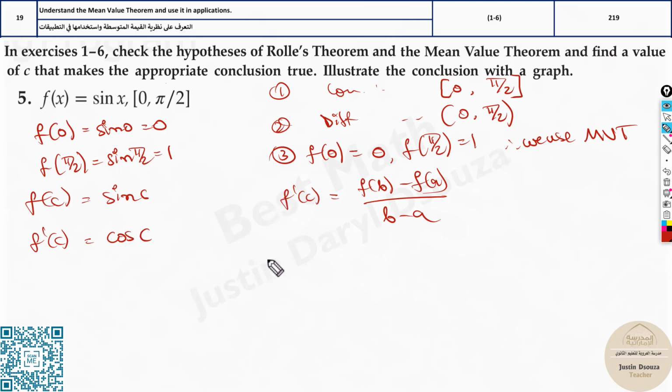Now let's write over here: f derivative is cosine c, that is equal to, what is f of b? F of b we found is 1, minus f of a, which was 0, divided by b, which is pi by 2, minus a, which is 0. Let's rearrange. Cos c is 1 divided by pi by 2.